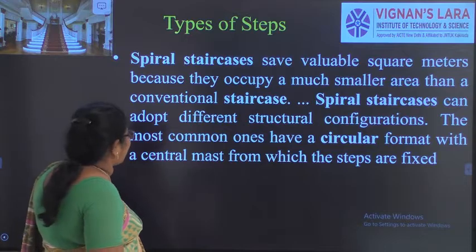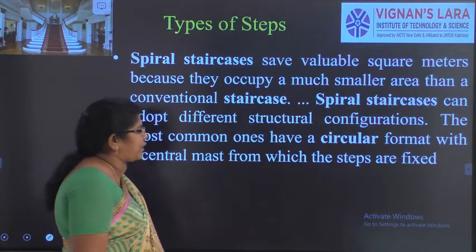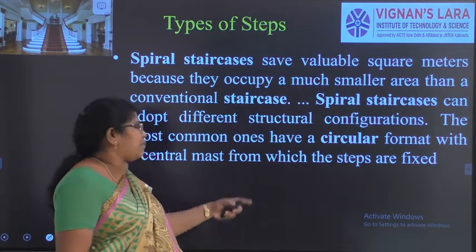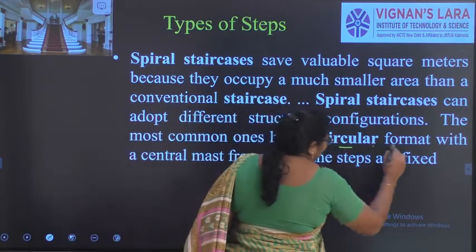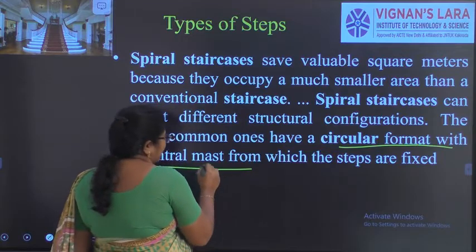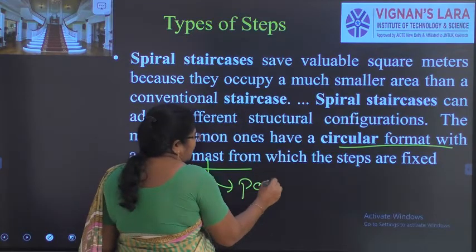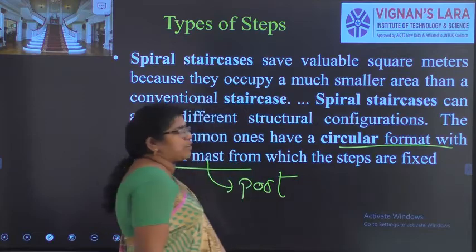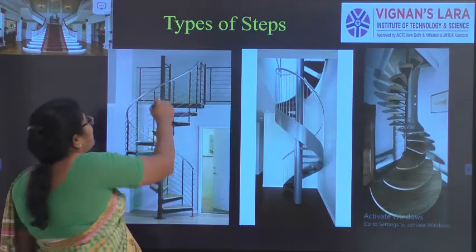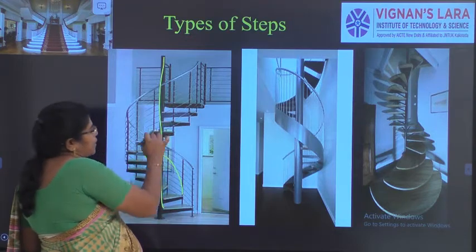A spiral staircase can adopt different structural configurations. Mostly it is in a circular format with a central mast, meaning a central post. A support post will be at the center to which the steps are fixed. You can see here, there will be a central post to which the steps are fixed.